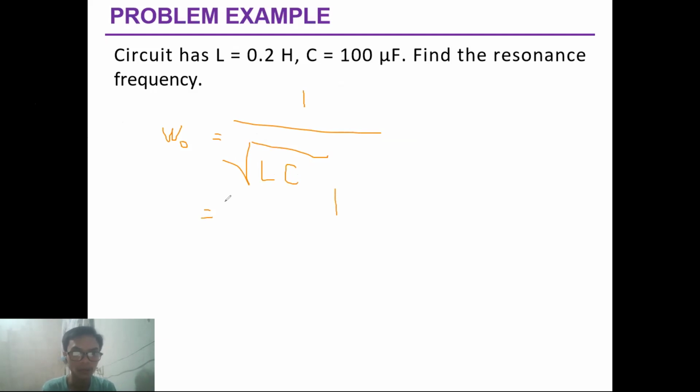We have 1 over the square root of the product of the inductor 0.2 Henry times the capacitor 100 microfarad.